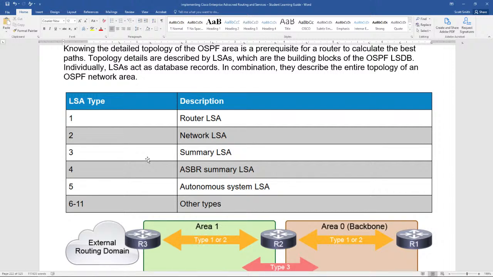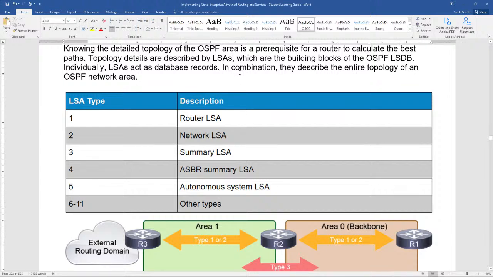You can see from the table here that we have type 1 LSAs, type 2 LSAs, type 3 LSAs, type 4, type 5, type 6 through 11. All right. So I want to go through each one of these with you so that you can understand what the meaning is of each of these different types of LSAs.